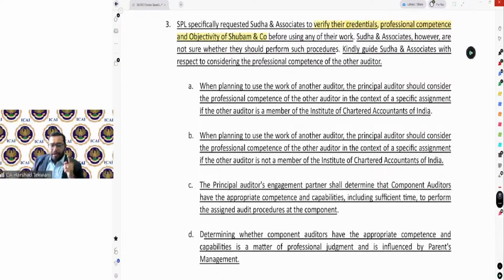Which one do you think is the correct option? Good, Namrata.